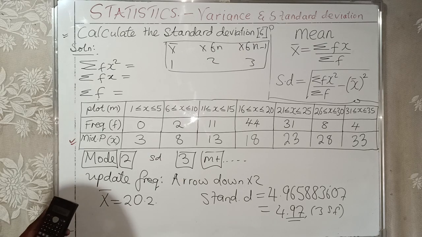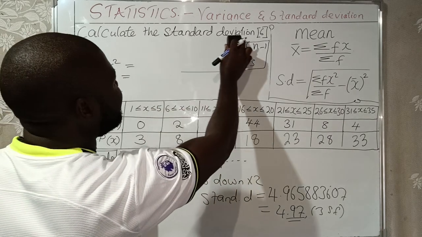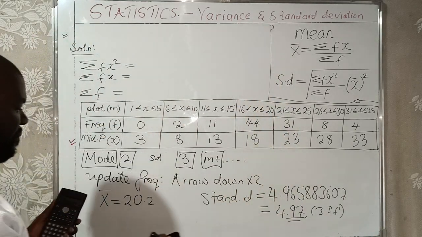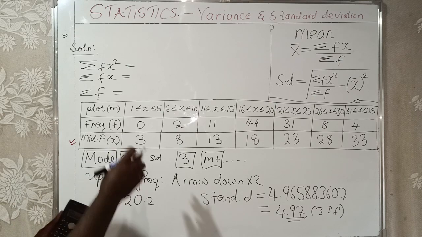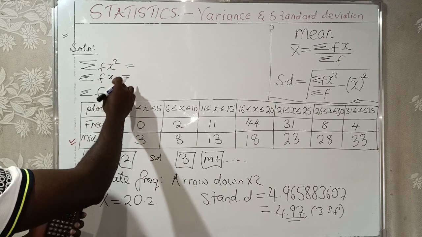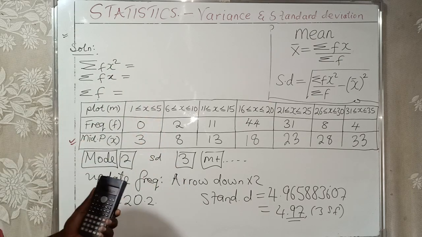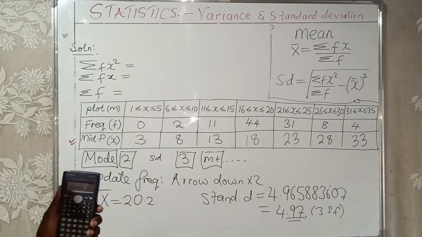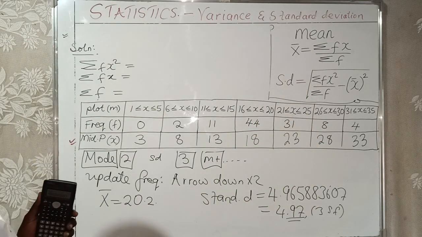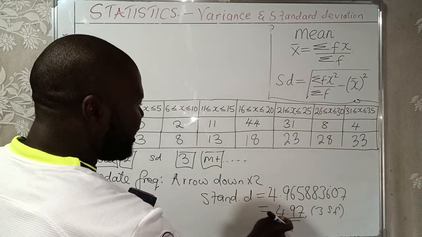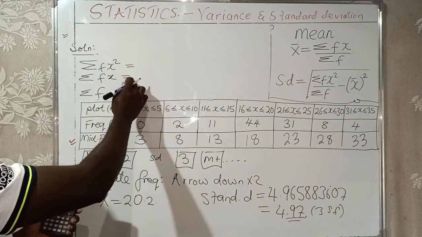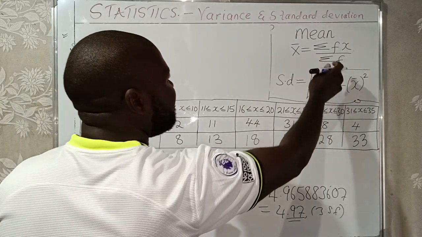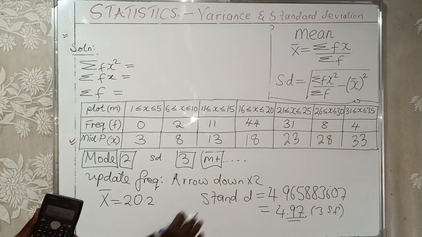Now, for the sake of that exam, and for the sake of showing your working in that exam, you need the summations here. Now, for you to get the summation so that you show in your booklet how you got your mean as this, how you got your standard deviation as this, you need to get the summations so that you come and substitute here in the formulas and get them like that.